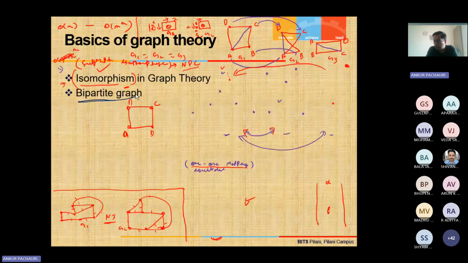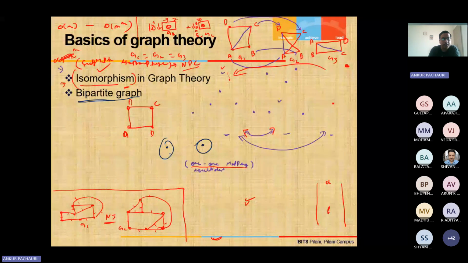Mutually exclusive means, suppose the nodes are A, B, C, D, E, then node A should belong to only one set. Every node should belong to only one set, so there is no overlap. A node should not belong to more than one partition.